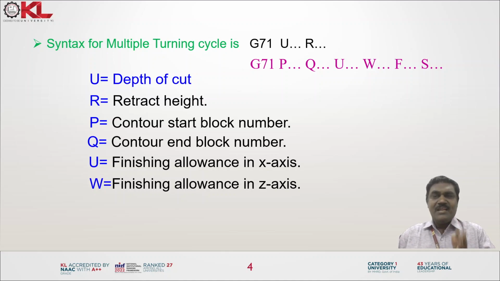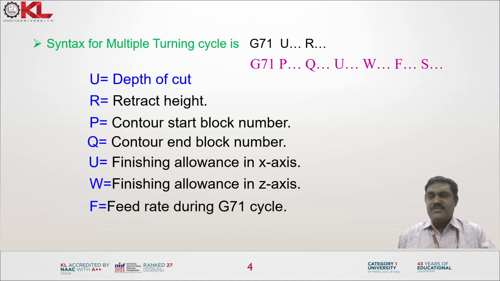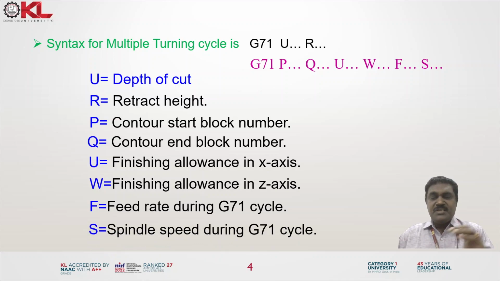So this finishing allowance you can leave over here, and that is machined in the finishing cycle. This is the rough cycle and one more finishing cycle is also required to complete the operations. F is the feed rate during the G71 cycle and S is the spindle speed during the G71 cycle. So this is the main syntax we are using for all multiple turning cycles.